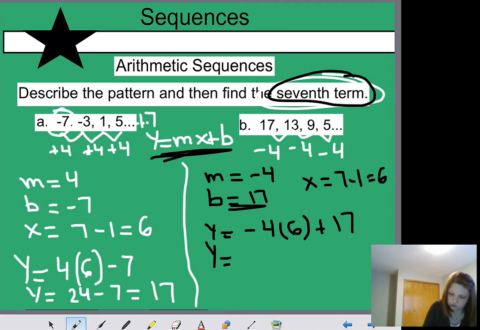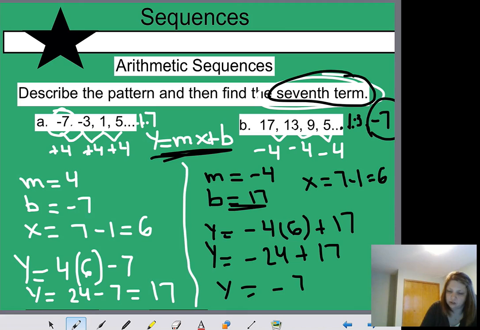So y is equal to -4 times 6, which is -24, plus 17. So y is equal to -7. So if we continue here, 5 minus 4 will be 1, 1 minus 4 we will get -3, and -3 minus 4 will be -7. So that will be the 7th term of the sequence, -7.